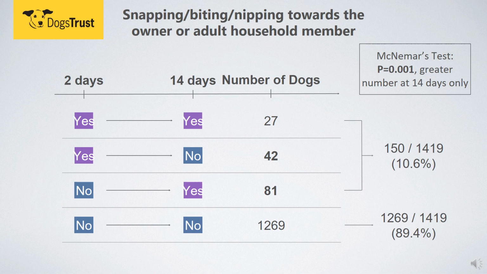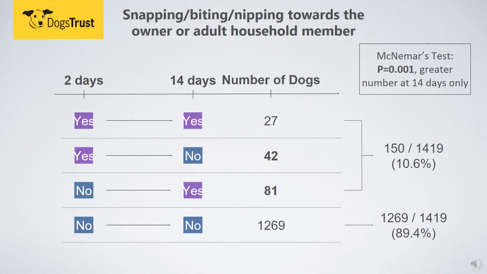The McNemar's test, which tests to see if there is a difference between the frequencies highlighted in bold, was significant for this behaviour, which means that a larger number of dogs showed this behaviour at 14 days for the first time compared to dogs that showed the behaviour at 2 days but then didn't show the behaviour again at 14 days.